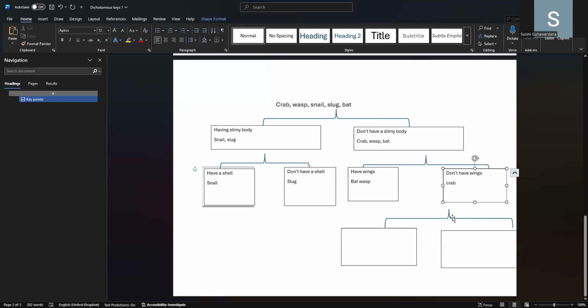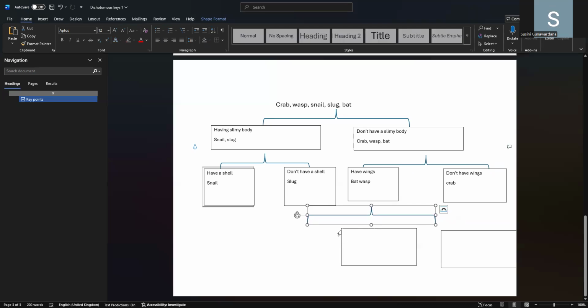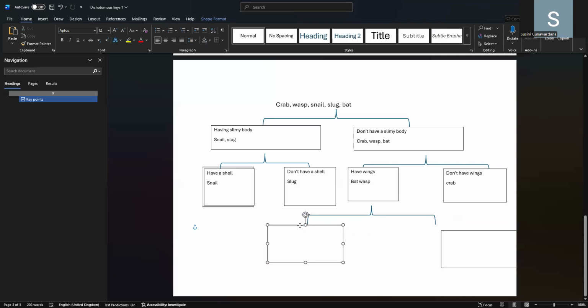How are we going to divide this one? Wasp and bat.